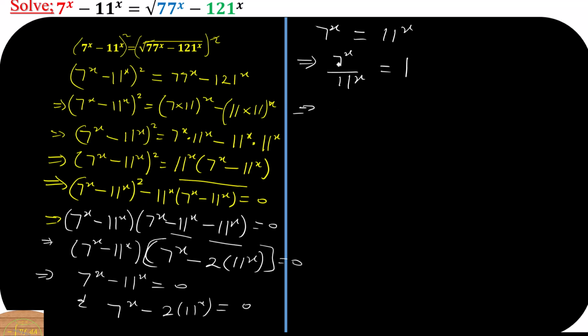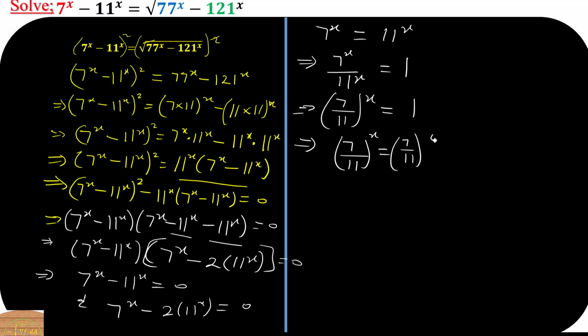We have x in common as the power, so it's the same as 7 on 11 all to the power x equal to 1. Since anything to the power 0 is the same as 1, therefore x is equal to 0.